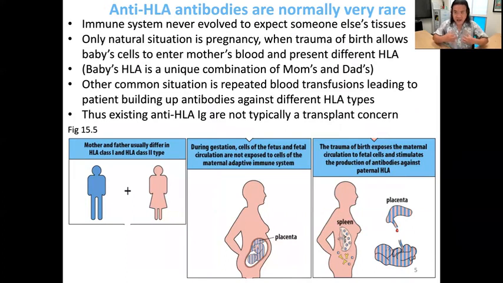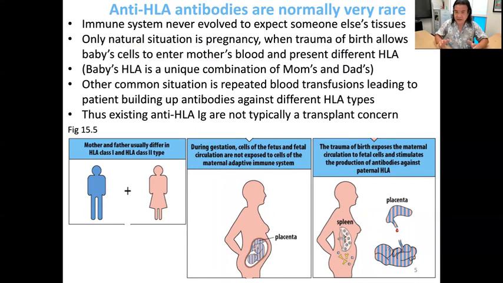Normally, anti-HLA antibodies are very rare. Why? Think about this. The very fact that HLA proteins are a normal part of our bodies means our immune systems are not very likely to randomly select for B cells that make immunoglobulins that bind to HLA proteins.